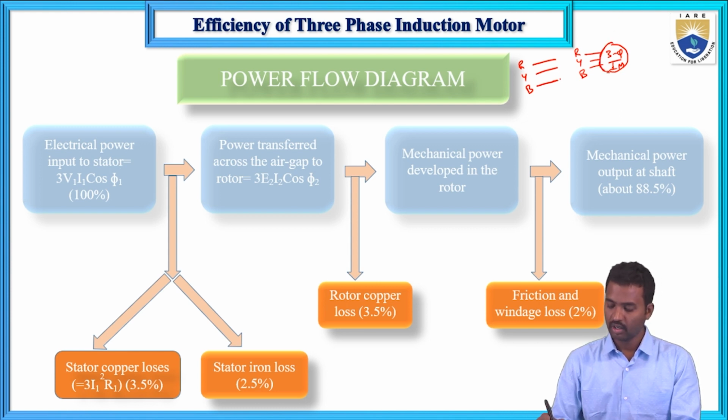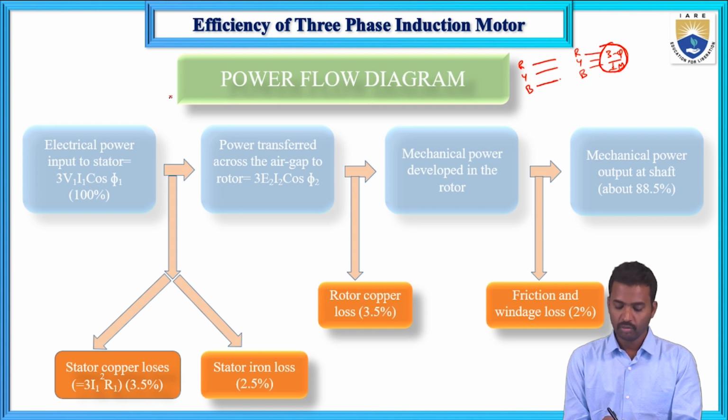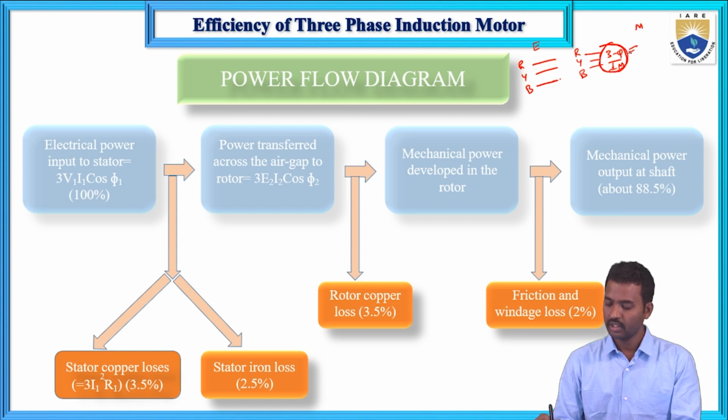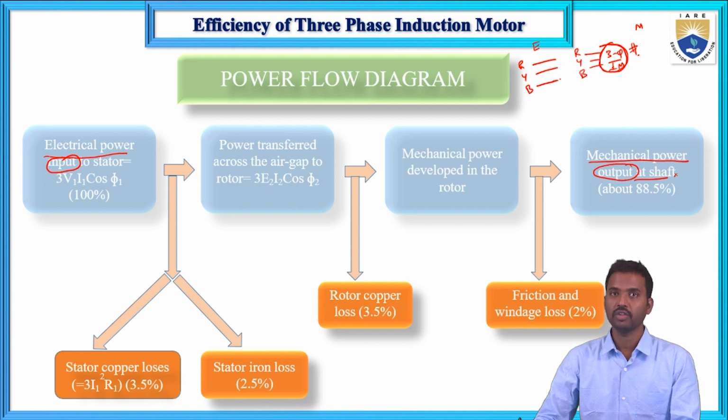This is the stator of the induction motor. The main purpose is to convert electrical energy to mechanical energy at the shaft. So electrical energy is the input and mechanical energy is the output at the shaft.